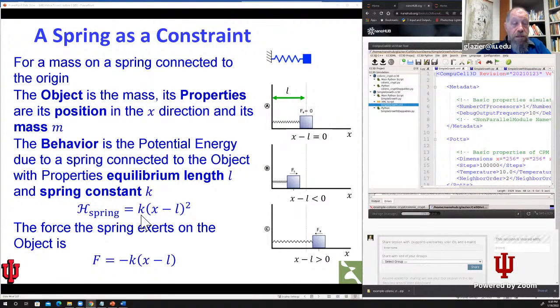There'll be a spring constant, K, which we'll normally use the Greek letter lambda to represent. And this quadratic constraint, also called a harmonic constraint in physics, is going to have the property that it's always going to pull things back to their targets. And it's what's called a soft constraint because it doesn't pull very hard.